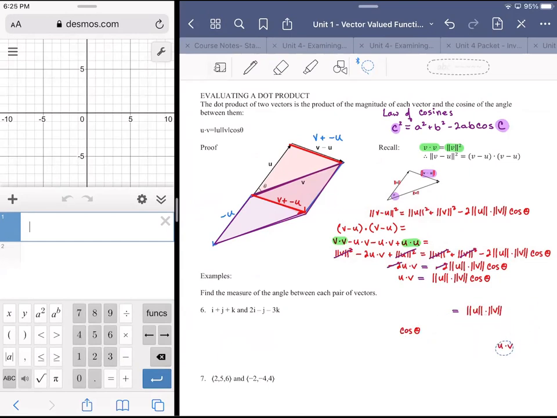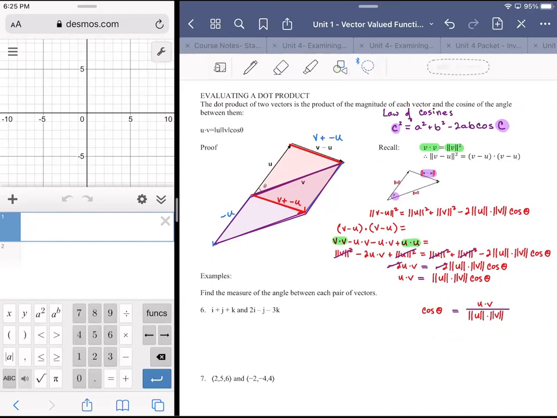If I take, I'm just going to go like this and make a fraction bar. If I take the u and v magnitudes and divide them from both sides, I get a new relationship that tells me the cosine of theta is equal to the dot product of u and v divided by the magnitudes multiplied.